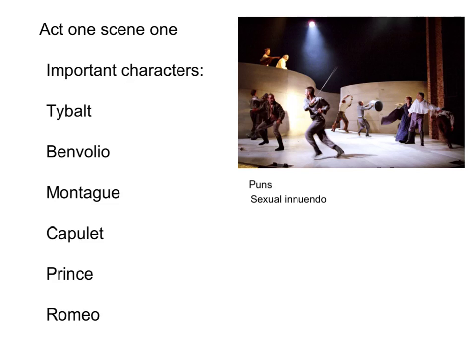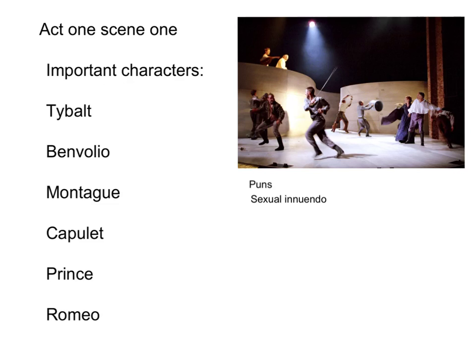So we see all this kind of really erotic and disturbing language. Samson continues, this is around line 14, "'Tis true, and therefore women, being the weaker vessels, are ever thrust to the wall." So they're making advances at women, sexual in nature, and it sounds a little violent.